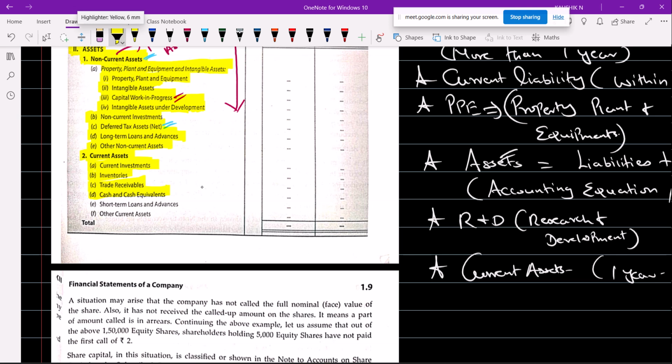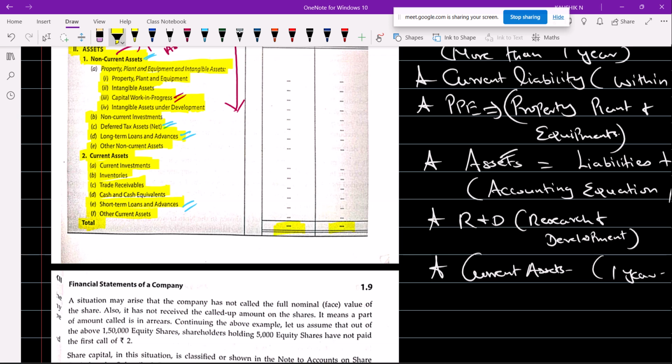And then you have something called short-term loans and advances. If you understand your non-current assets, where you have long-term loans and advances, quite opposite to that is your short-term loans and advances. Okay, and then finally it is other current assets. Any current assets which you cannot accommodate in the above mentioned heads or subheads, you will be able to record under the category of other current assets, and then the total must also be equal.